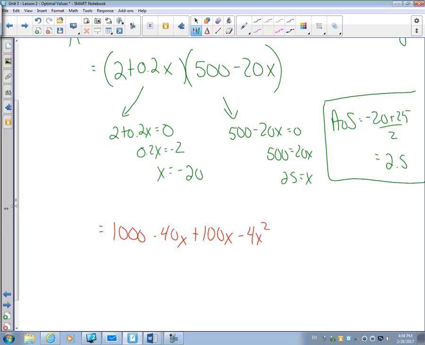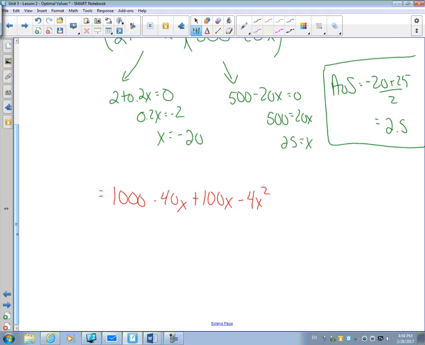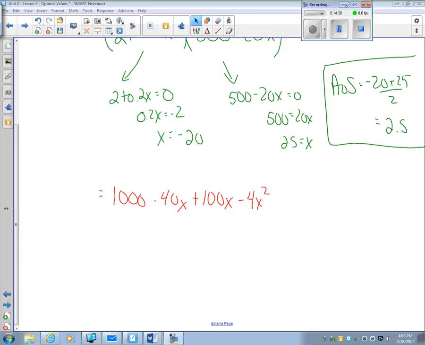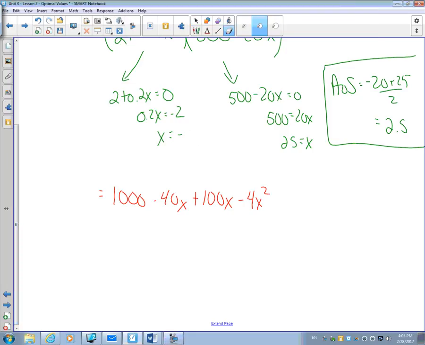Okay, if I collect my like terms, sorry, I have a slight mistake in here. This was a 10. Change our axis of symmetry. Okay, negative 10 plus 25 is 15 divided by 2, which is 7.5.